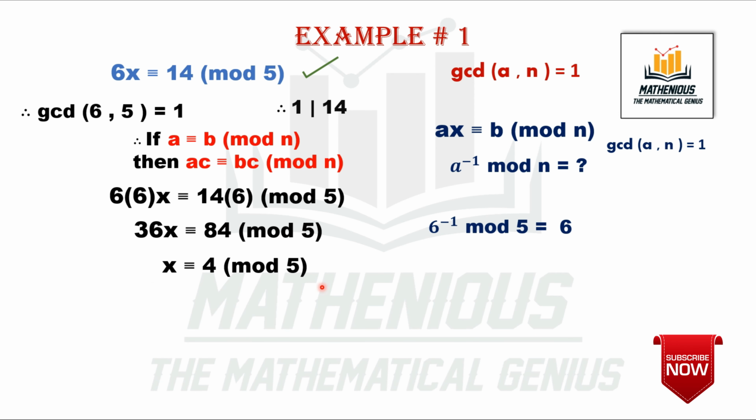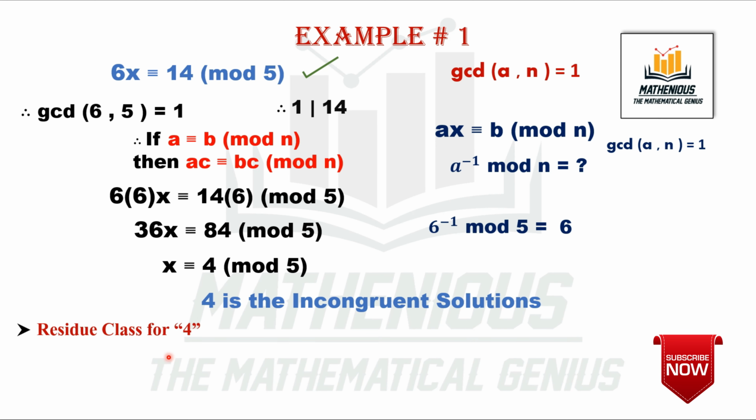So x is equal to 4, and 4 is the only incongruent solution of the given congruence. Remember, it is the incongruent solution. We have to evaluate the congruent solutions too. All the congruent solutions are the residue class of 4, so simply evaluate the residue class of 4.